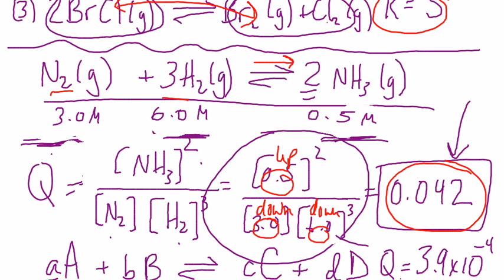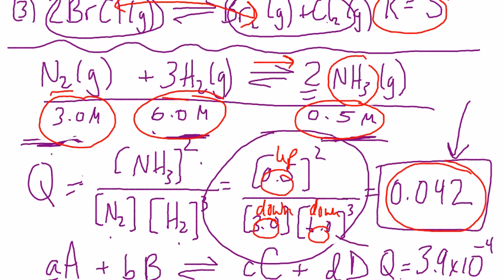If one has the actual equilibrium concentrations of a reaction, you can determine K by plugging them into this equilibrium expression, where we take the products raised to their coefficients in the balanced chemical equation divided by the reactants multiplied by each other, raised to their coefficients.